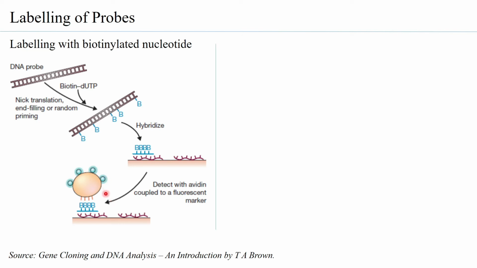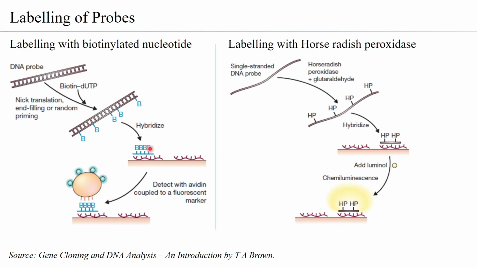Now similarly, one can also do labeling with horseradish peroxidase. In this, a single-stranded DNA probe is taken, and then by using glutaraldehyde or other chemicals, the horseradish peroxidase is attached to the single-stranded probe. Now, when this single-stranded probe hybridizes with the complementary DNA on the nitrocellulose membrane, its chromogen substrate is added. Peroxidase being an enzyme, it will break its substrate, which is generally H2O2.